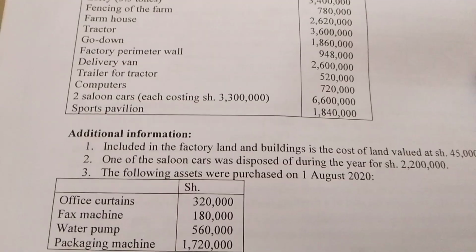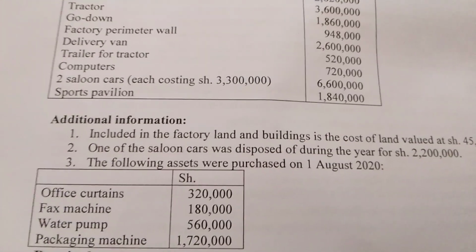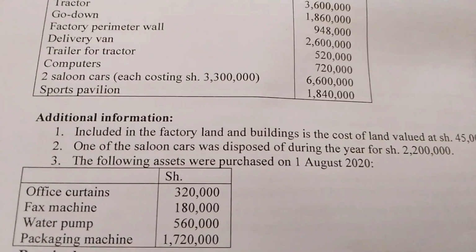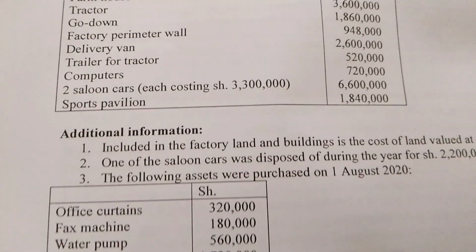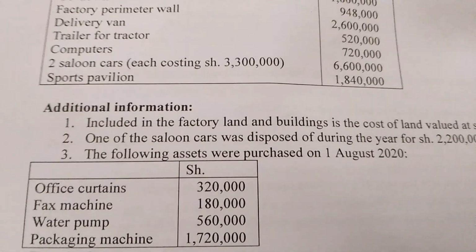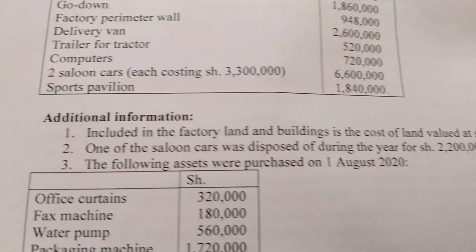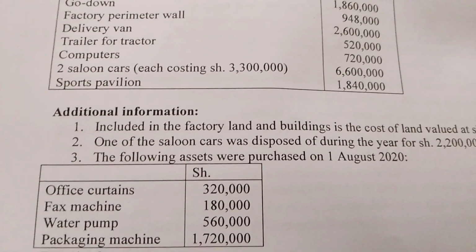Now if you are given the cost of a non-commercial vehicle, any cost which is above 3 million for each car or for each non-commercial vehicle, you ignore it. Capital allowances are granted up to 3 million for a non-commercial vehicle.